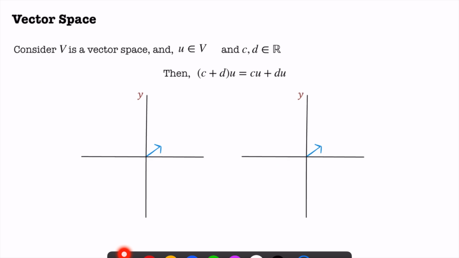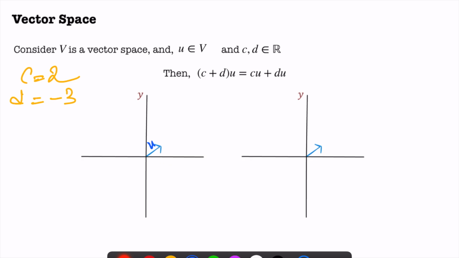Next, if u is a vector in the vector space and c, d are two scalars, then (c plus d)u equals cu plus du. Consider c is 2, d is minus 3, and this is u.